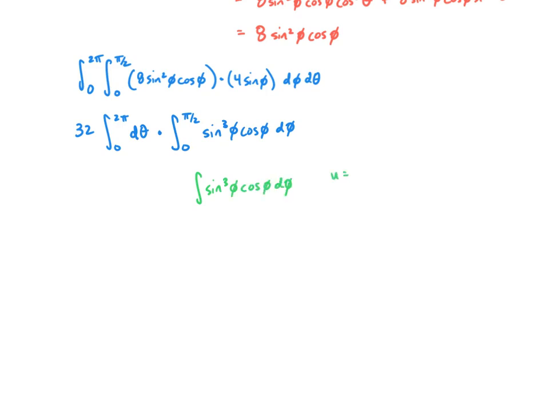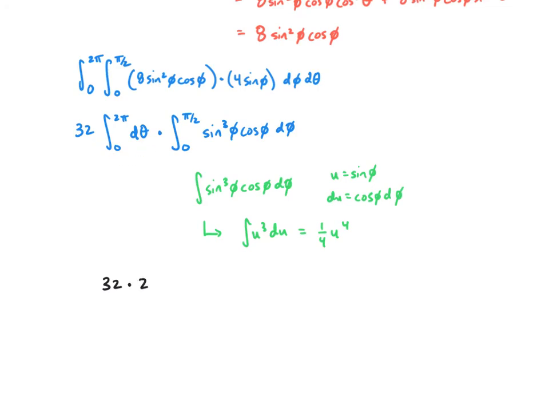So you have u equal to sine phi and du equal to cosine phi d phi, and that gives you the integral of u cubed du, which is 1/4 u to the 4th. All right, so what we have then is 32, which comes from the front, and then we have this integral, which is just 2 pi.